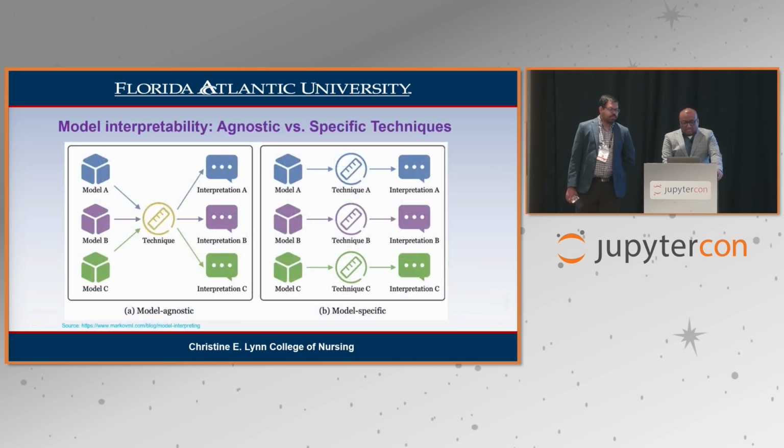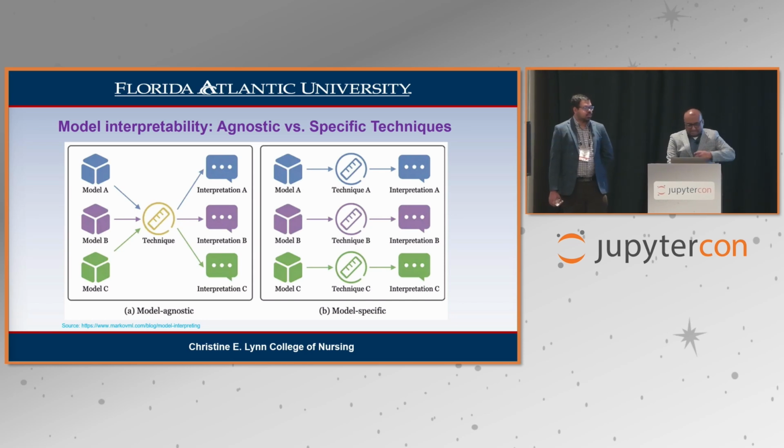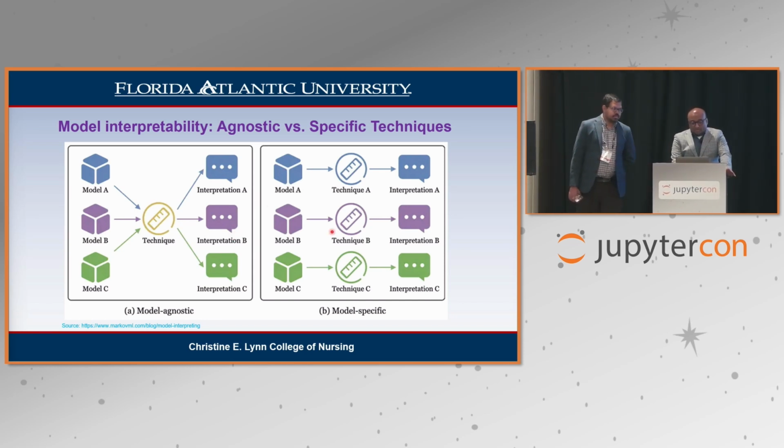Another thing before discussing the SHAP analysis: one is model agnostic, one is model specific. You see here, this is model agnostic. The technique doesn't depend on which model you use. Like SHAP, LIME, and permutation importance don't depend on whether you use XGBoost or support vector machine or some other method.